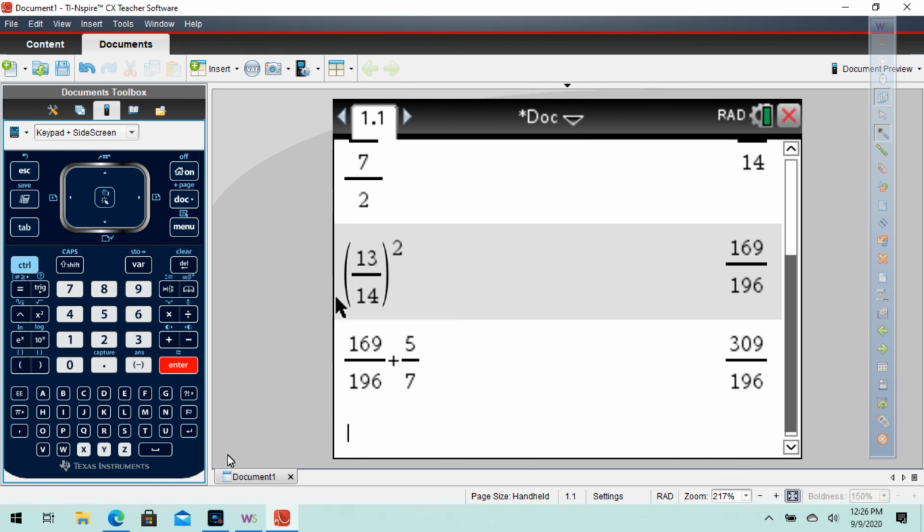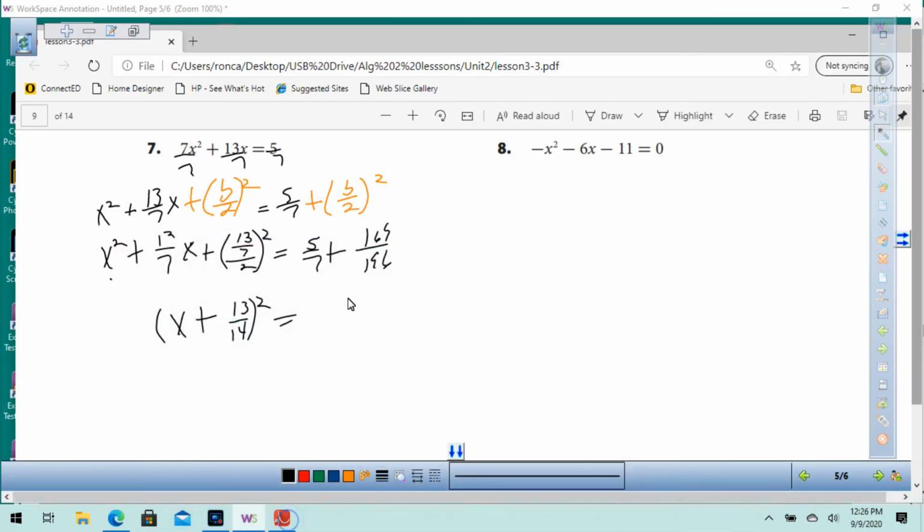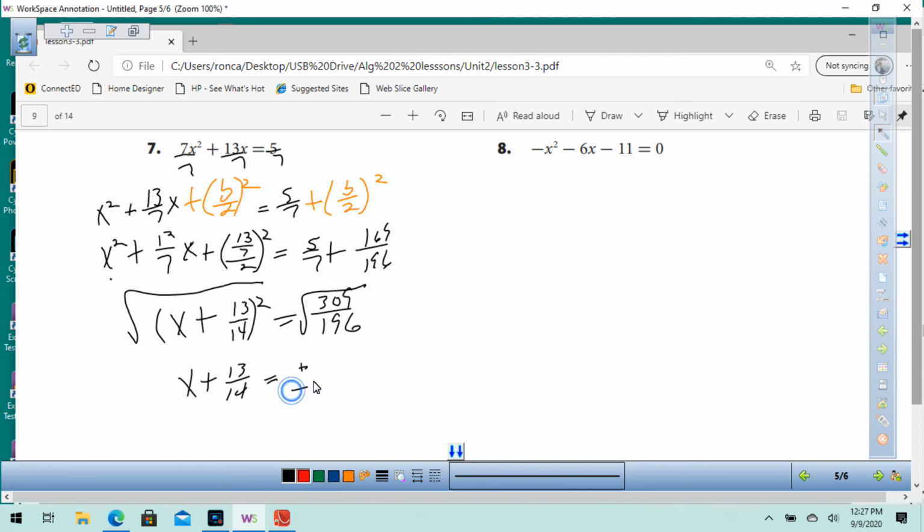And that gives us 309 over 196. We're going to take the square root of both sides. That's going to give us x plus 13 over 14 equals plus or minus the square root of 309 over 196.